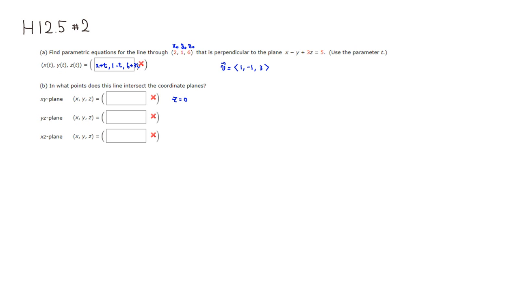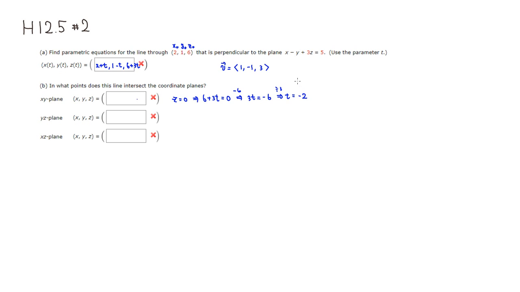So we set 6 plus 3t equals 0, subtract 6 from both sides, 3t equals -6, then divide through by 3, so t is equal to -2.